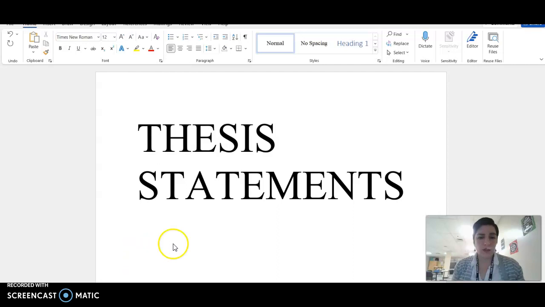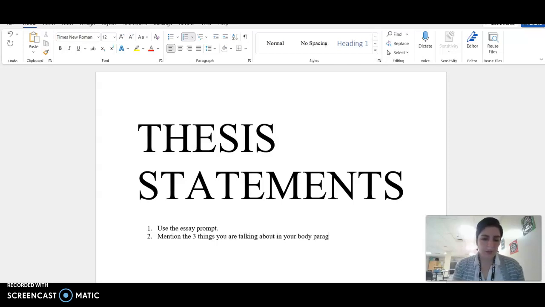All right, so a thesis statement should have a couple things. One, it should use the essay prompt. Whatever the essay prompt is, it should probably be rephrasing it a little bit at the beginning to connect it to the essay prompt. The next thing it needs to do is mention the 3 things you are talking about in your body paragraphs.